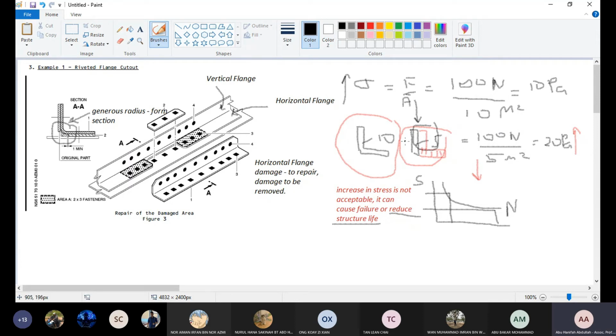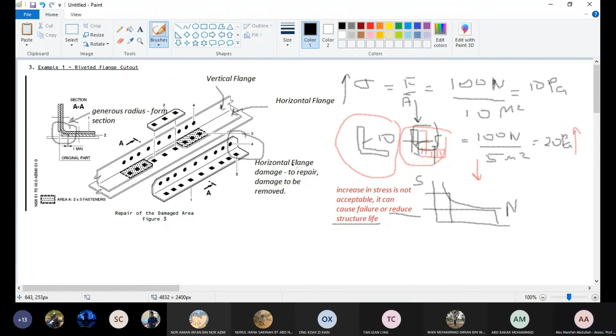We need a vertical flange for you to be able to secure the splice plate to the angle, or else we have only a floating plate here. So in order for you to secure them, we have to have another vertical flange, and together obviously you need the horizontal flange to replace the lost area. So that's why we have this L angle replacement.